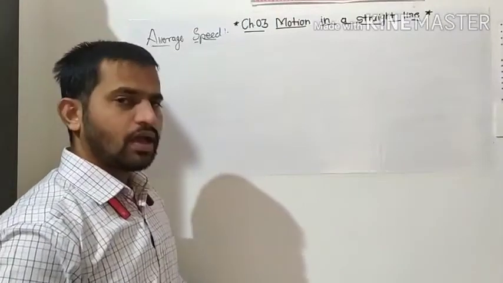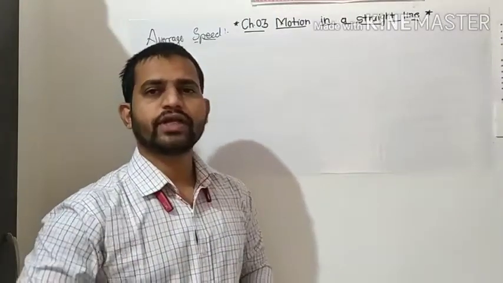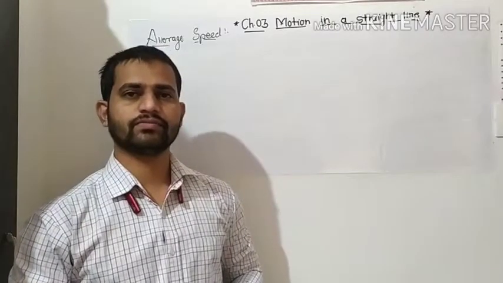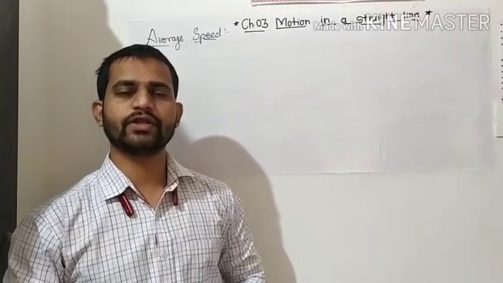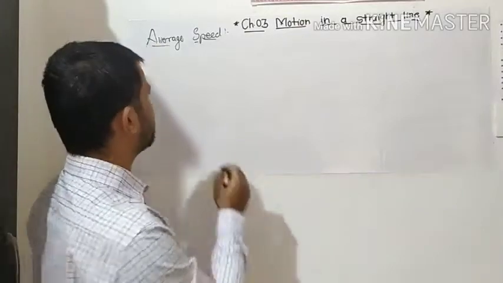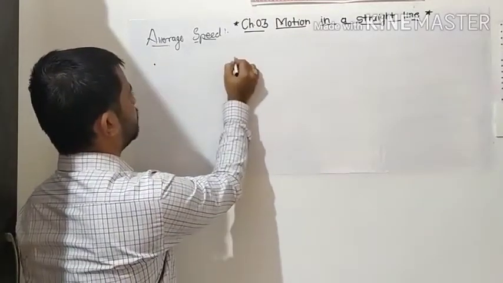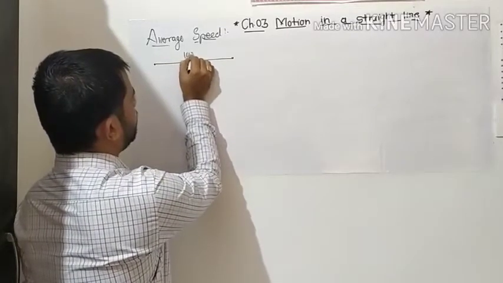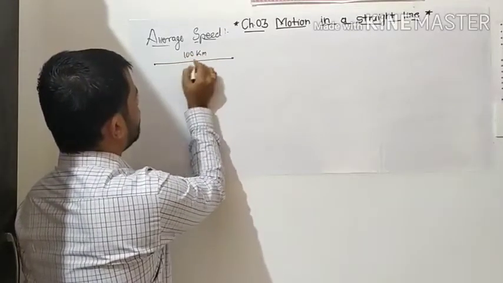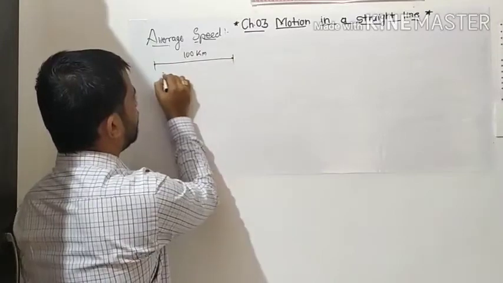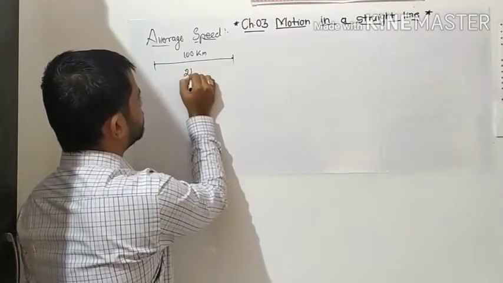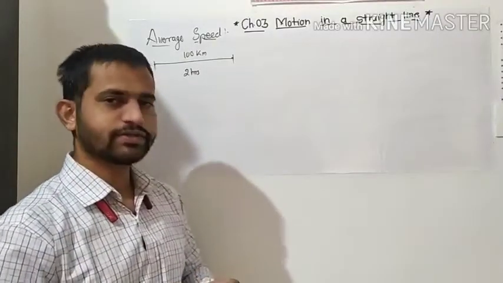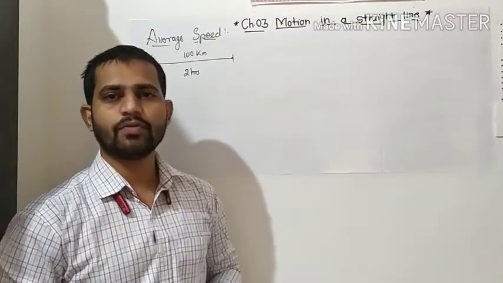So why is there a need to calculate the average speed? Suppose we have to travel 100 km within 2 hours. Suppose there are 2 points, from this point to this point, and this distance is 100 km, and for this we have 2 hours. Then for these 2 hours, how much will our speed be?